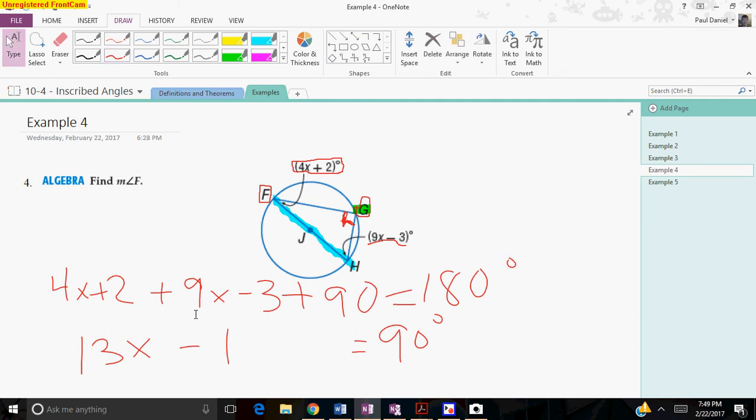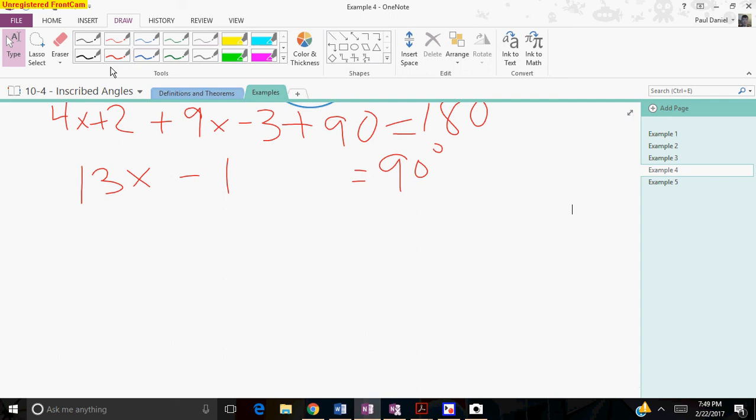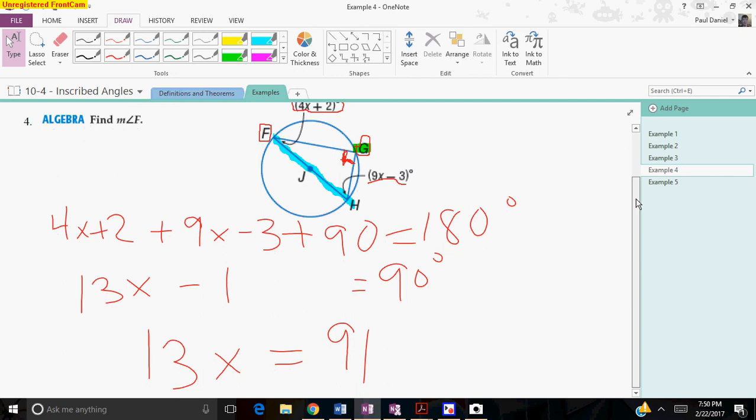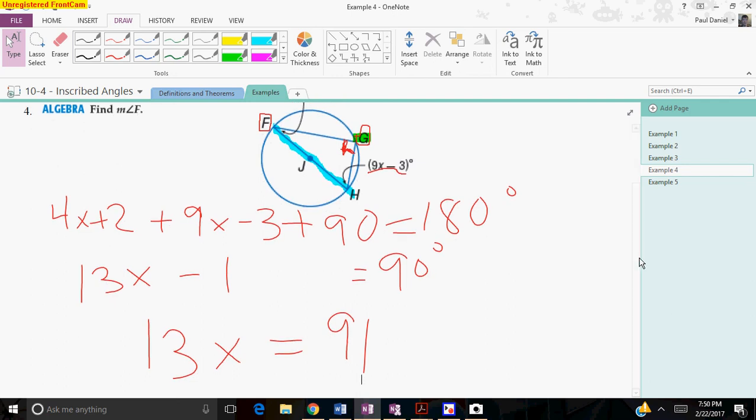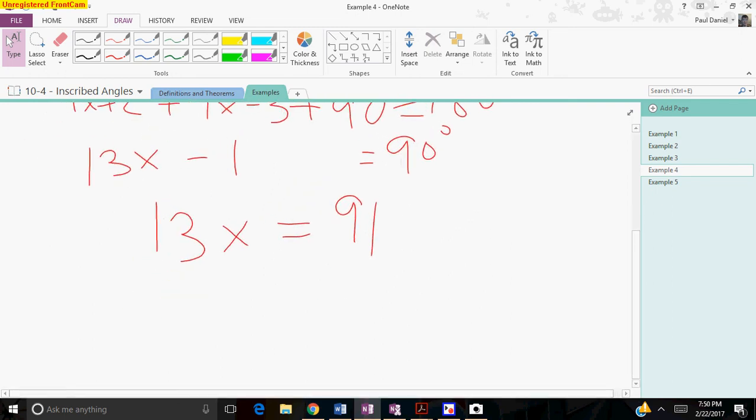So 13x minus 1 is equal to 90, which would be that 13x is equal to 91. And therefore, I can divide this by 13. x is going to equal 91 divided by 13, which, let's see, is 7.